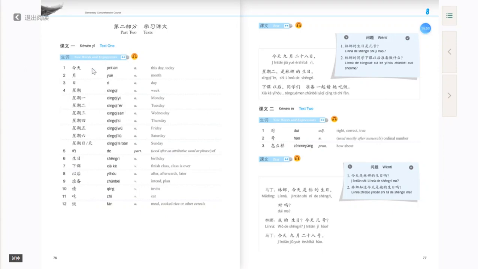So 今天, and to ask what's the date today, we use the interrogative pronoun 几 in this case. We can say 今天几月几日，今天几月几日。What's the date today? Okay, let's make a pause and then continue.